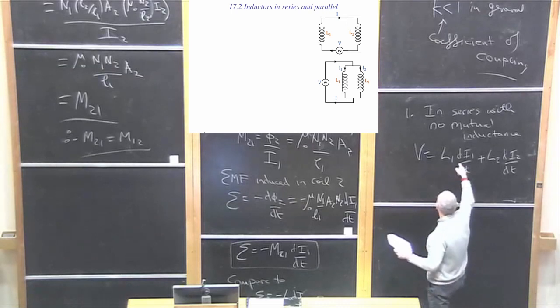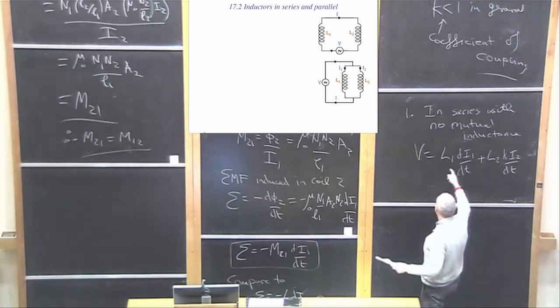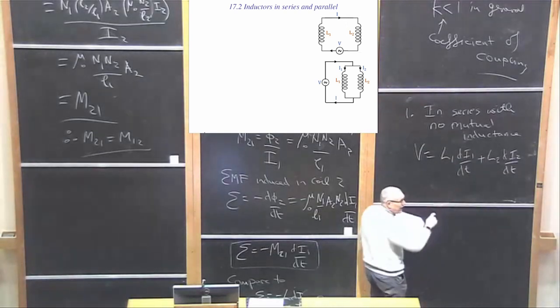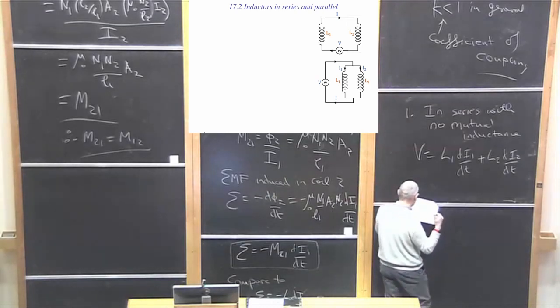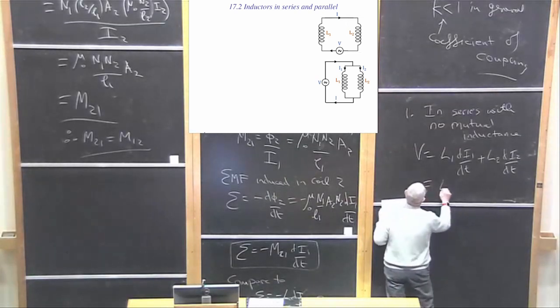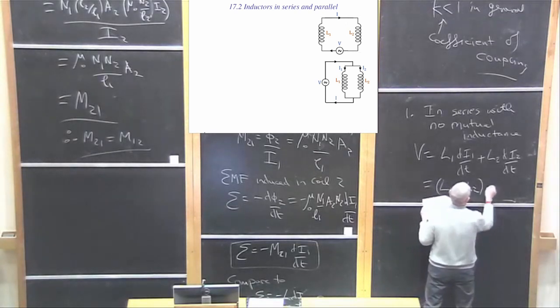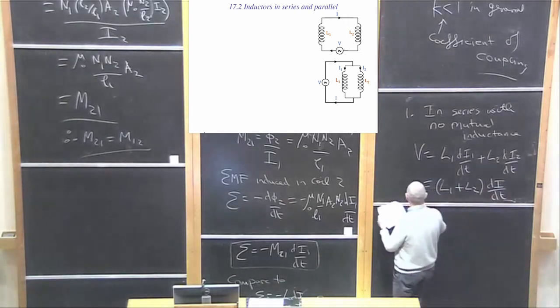So the sign in Faraday's law is gone, right? Because I've implicitly taken out the sign by calling this a back EMF. It acts as a resistance to the flow of current, or the flow of changing current. So this is equal to L1 plus L2 times di by dt, right?